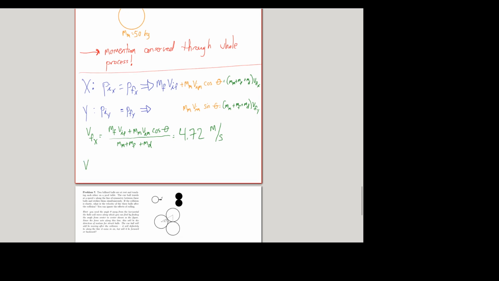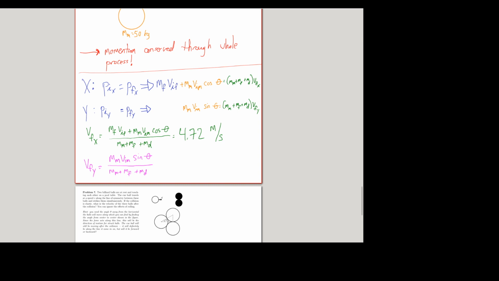We'll do the same thing in y. I'll switch colors here. Final velocity in y is mass of mother, initial velocity of mother, not cosine but sine. Yes, I know they're the same because it's 45 degrees. Sine theta, all divided by the sum of their masses.